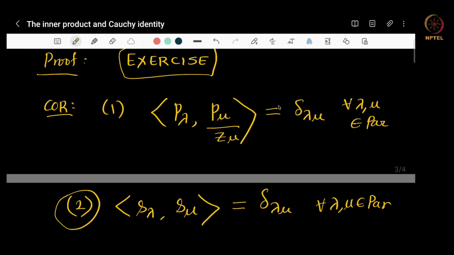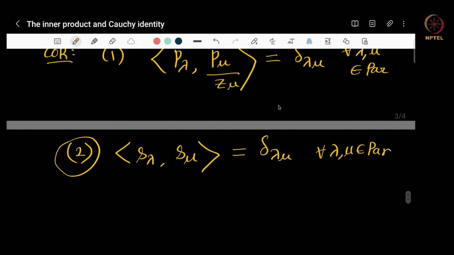For example, the symmetry: if you interchange, you still get the same answer. All of that will follow from the third axiom, or from the second for that matter. So that's an important thing, that you can actually define inner products. And the other important statement about inner products.